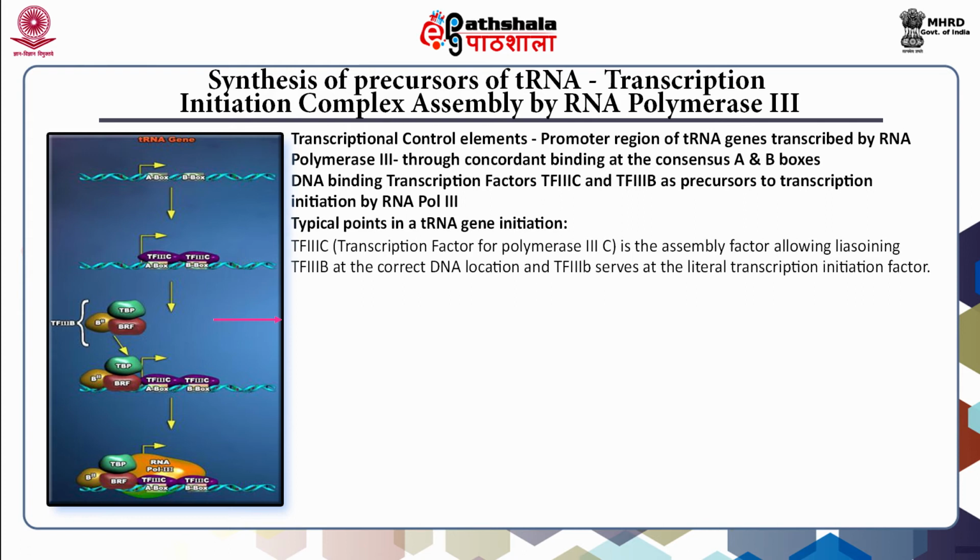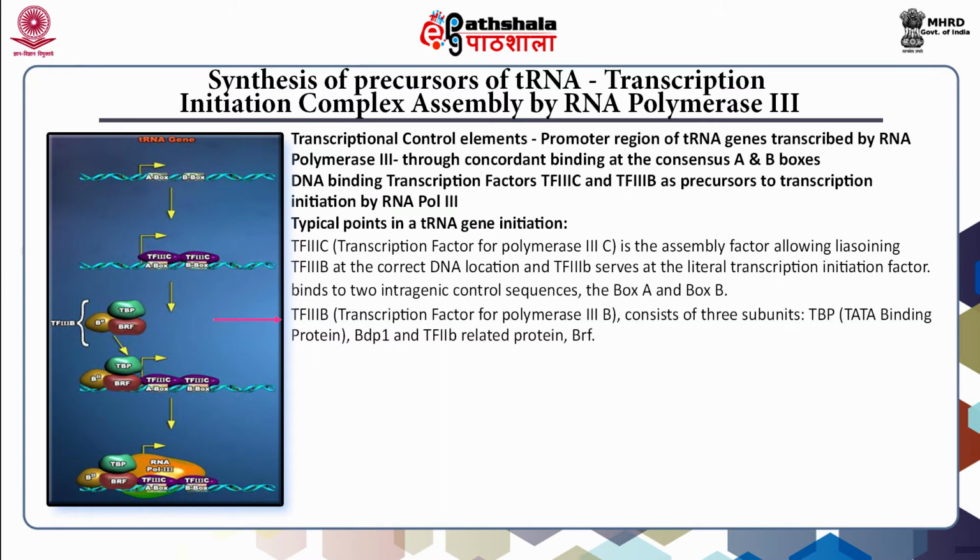Transcription factor C, a large protein complex, is the assembly factor for positioning transcription factor 3B at the correct location, while the latter is the literal initiation factor for RNA polymerase III. Transcription factor 3B is characterized as a three-subunit entity consisting of TBP, B and BRF domains.